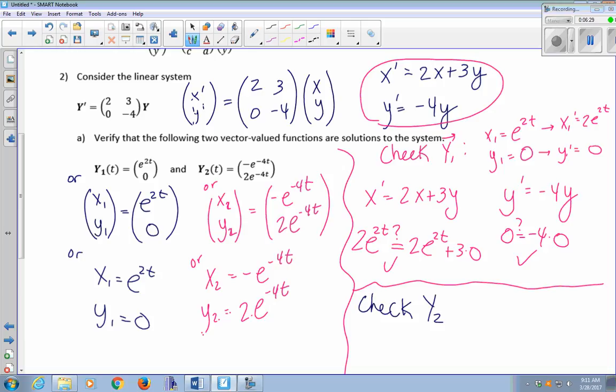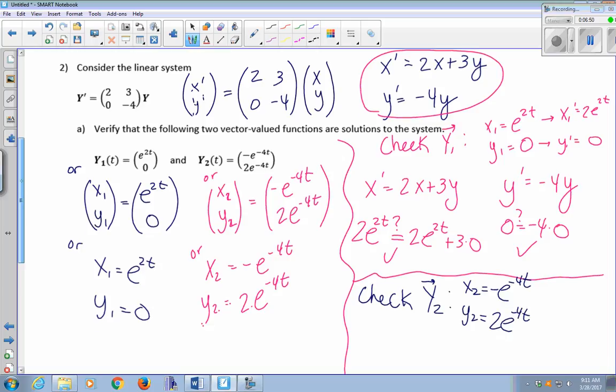So y2 was that x2 is negative e to the negative 4t, and y2 was 2e to the negative 4t.